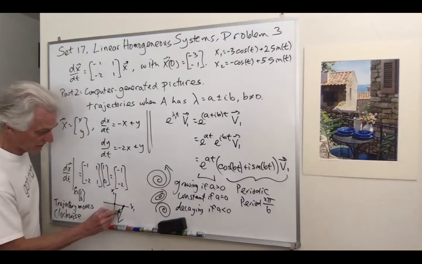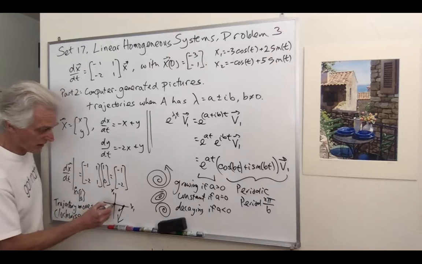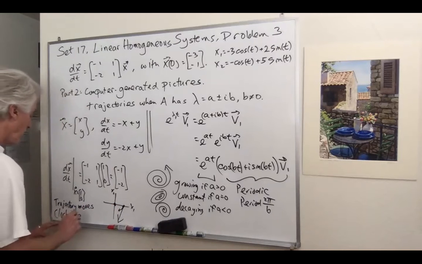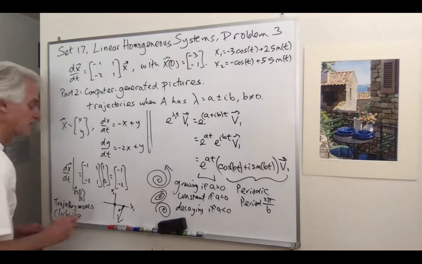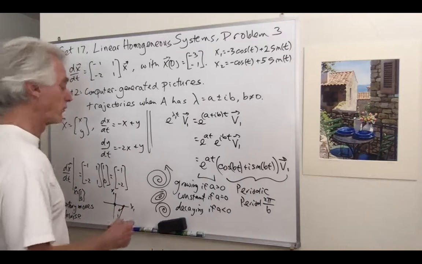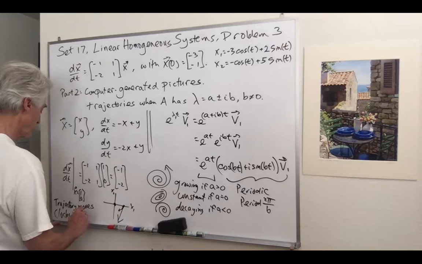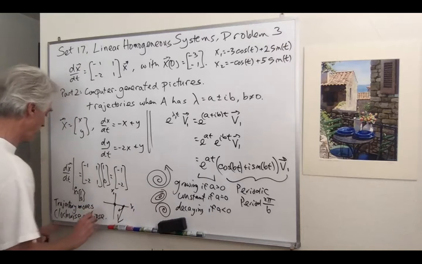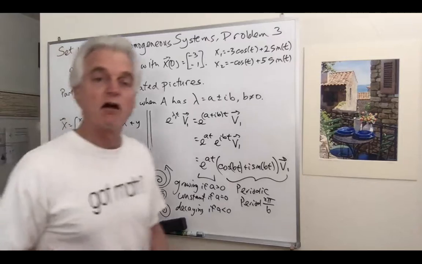It's got to go around, right? Because it goes around the center. Okay, so it's around an ellipse. So the trajectory moves clockwise on an ellipse.